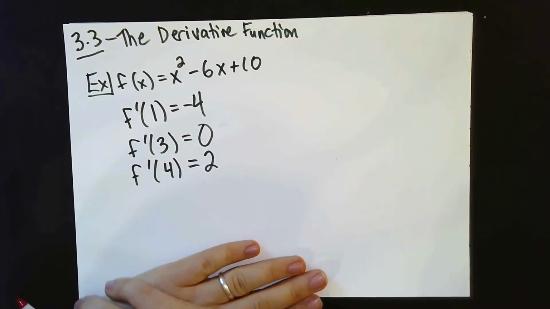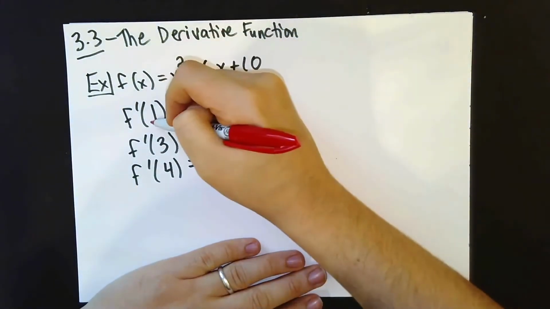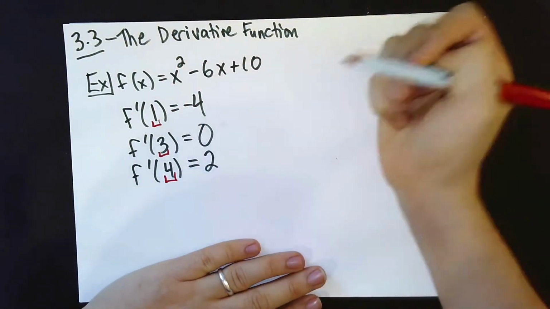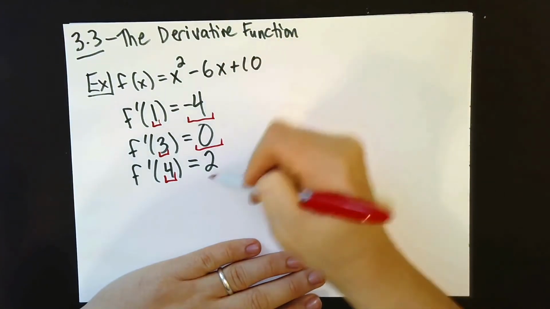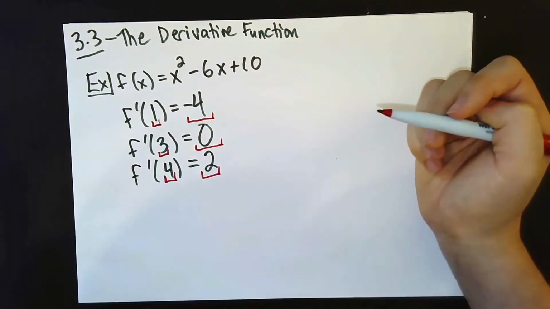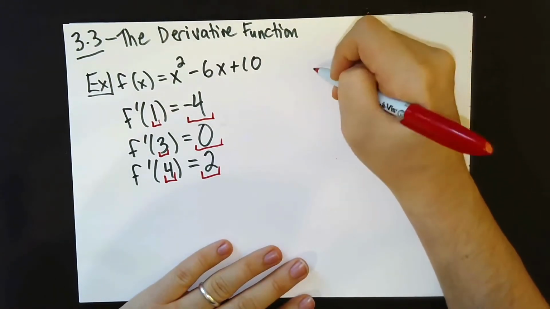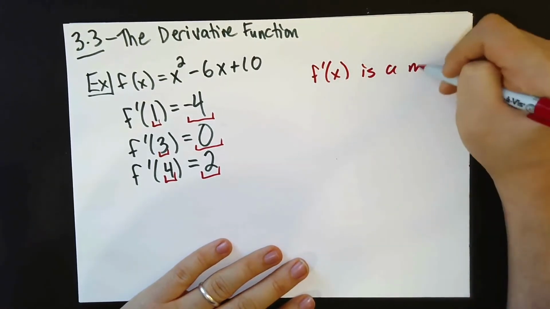So here's an observation about what's going on here. Basically, I have a machine where I take this input, 1, 3, or 4, and transform it into these outputs, minus 4, or 0, or 2. And what that's really saying is f prime of x is a machine. And what kind of machine is it?